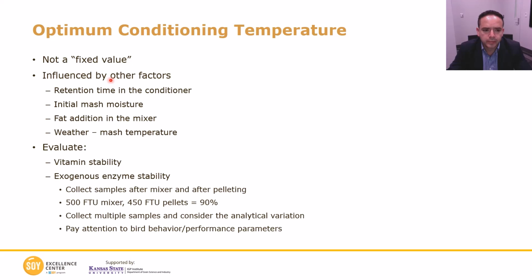For example, if you have a single conditioner and your retention time is only 15 or 20 seconds, then you might need to add more temperature. However, if you have a double conditioner or a triple conditioner, then 82 to 88 Celsius degrees should be enough to get good pellet quality.